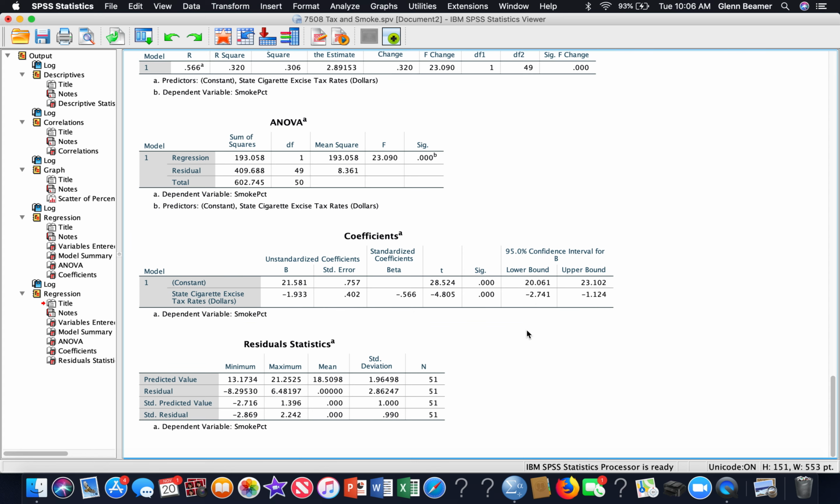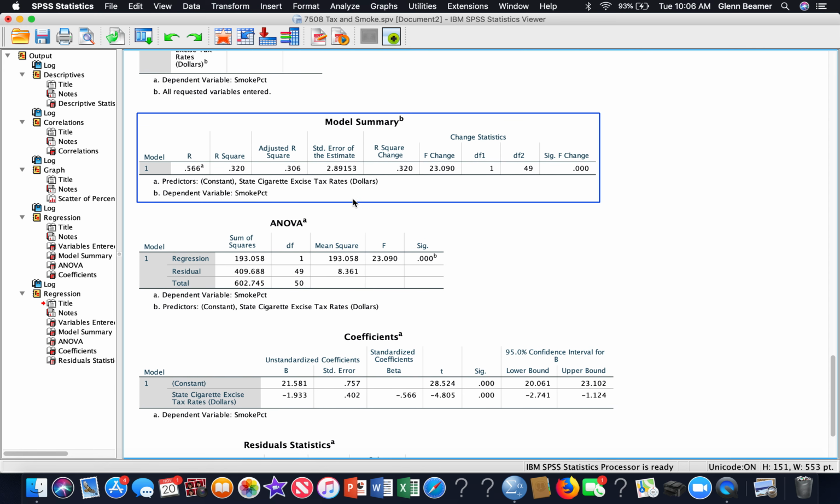In terms of what I wanted to look for in the model summary, up here, is what was our standard error of estimate and what was our R-squared. Our standard error of estimate is 2.89, which means that on average we'll be off by just about 3%, 2.89% in the dependent variable.